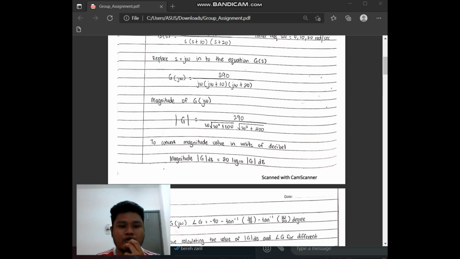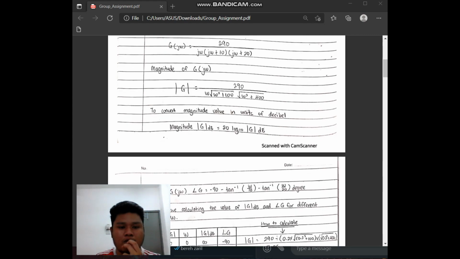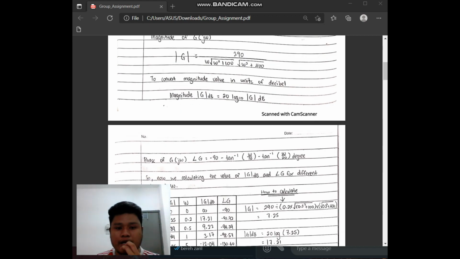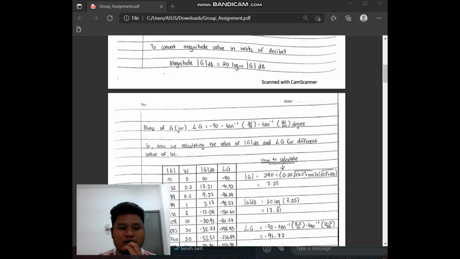To find the magnitude of G(j omega), the formula is 290 divided by omega times the square root of omega squared + 100 times the square root of omega squared + 400. Then to convert the magnitude to decibels, we just use the formula 20 log10 of the magnitude in decimal.